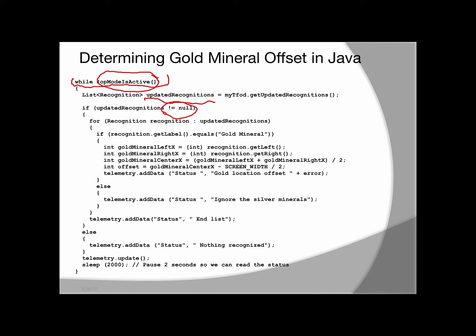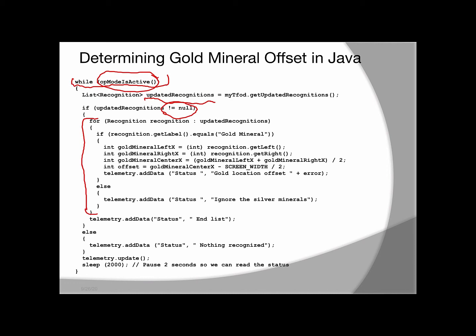And then once we have determined that, we can go through a loop and check each one of the minerals within that list and see if it is gold or silver.